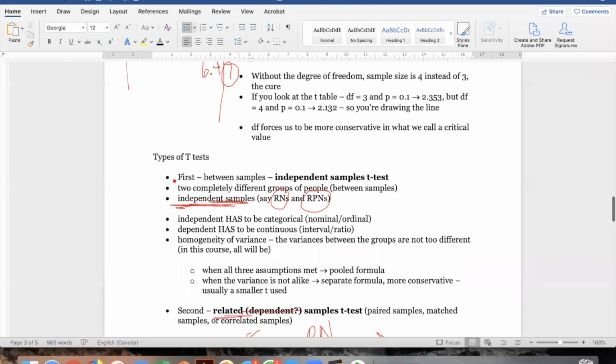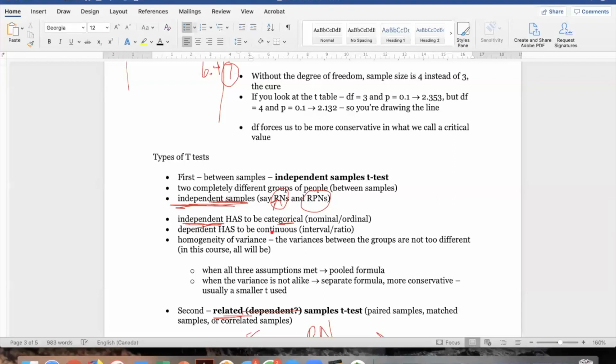So in order to use the independent samples t-test, your independent variable, and as you're going through your assignment, you're going to flip back to these notes, which I'll send you, and you're going to decide, should I be doing a t-test? Well, is the independent variable categorical? Yes, here it's RNs and RPNs.